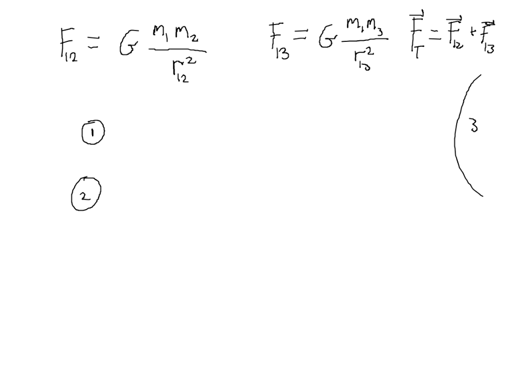F12 is equal to big G, that's 6.67 times 10 to the minus 11 newton meters squared per kilogram squared, times the mass of the Earth, which we'll have to look up. The mass of the Earth is 5.98 times 10 to the 24 kilograms.